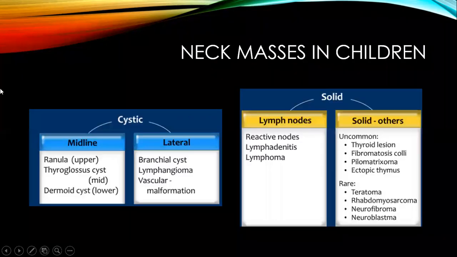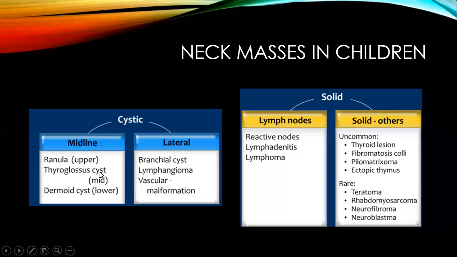Also a special mention: in children, we have various neck masses. On the cystic ones, depending on location, on the midline, on the upper part, we get what is called a ranula, which is a rare benign acquired cystic lesion that usually occurs in the floor of the mouth, a sublingual or minor salivary gland retention cyst.